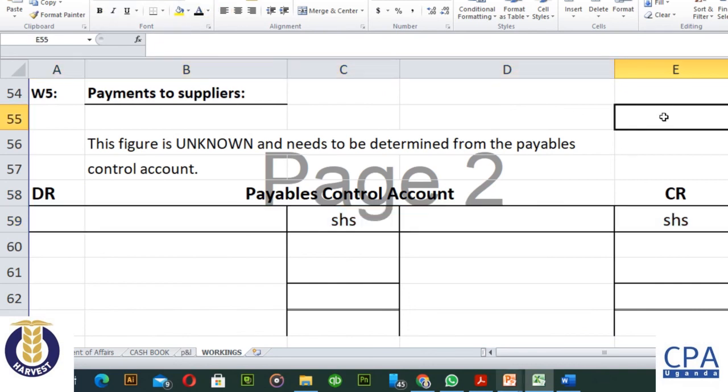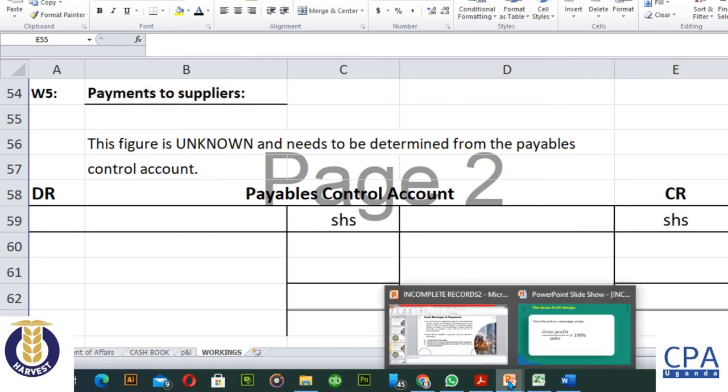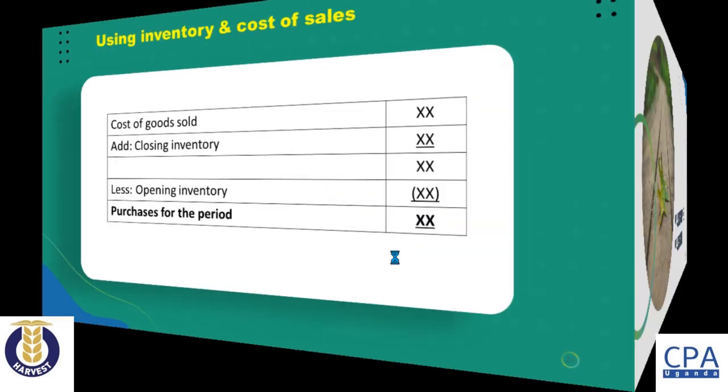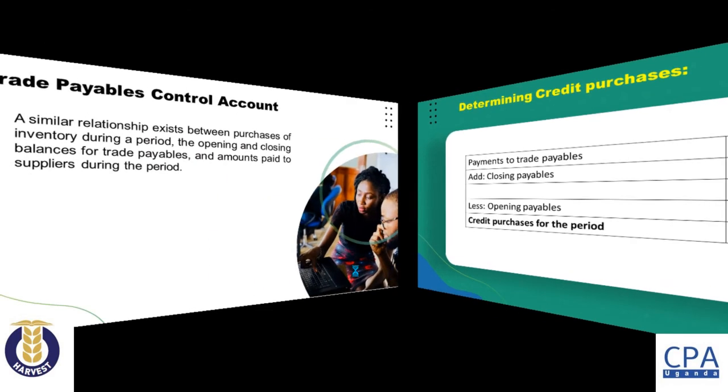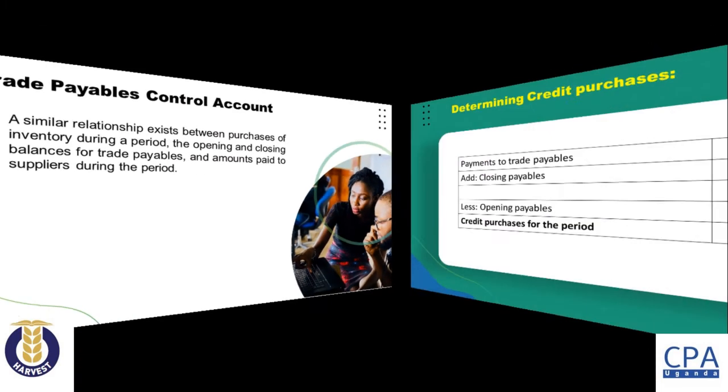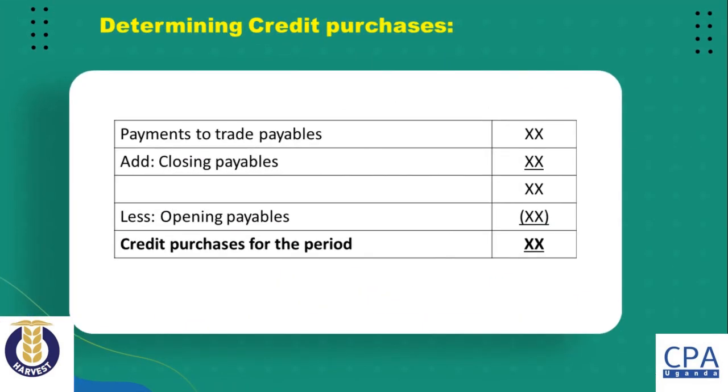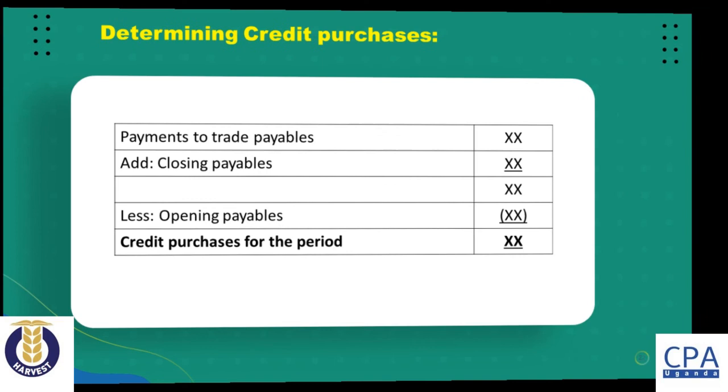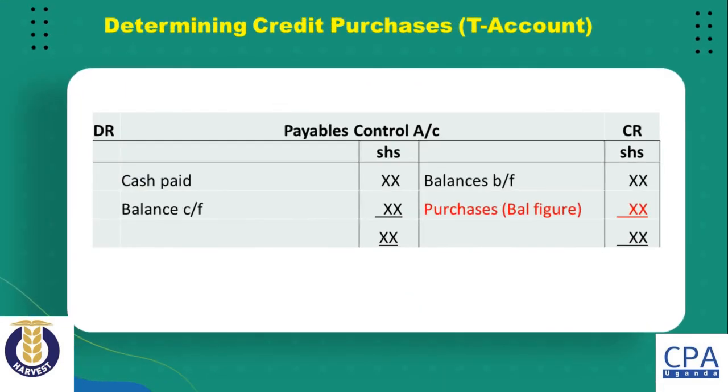So I prepared the payables control account with the objective of deriving the payments that were made to the suppliers. Now in the discussion we had, we mentioned that if you want to get any of these figures, let's say you don't have the figure for the payments made to the supplier or trade payables, or you don't have the figure for credit purchases, you can use the payables control account. Now the format, this is slide number 23.